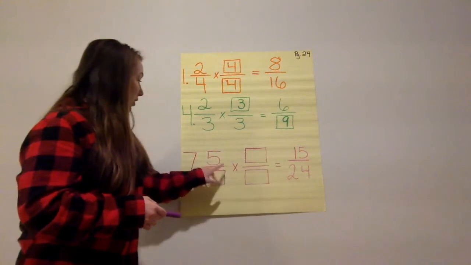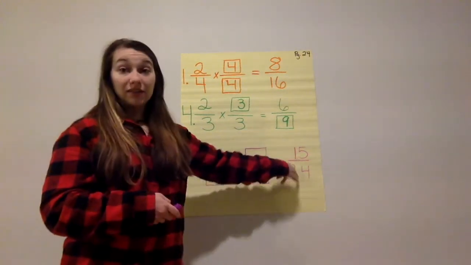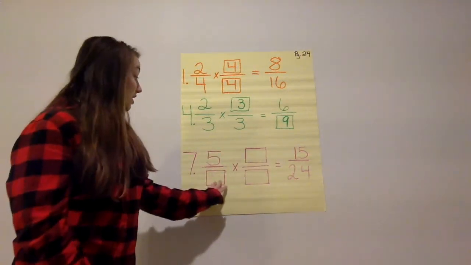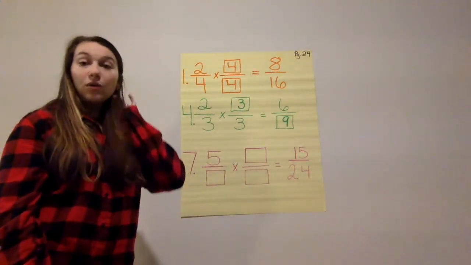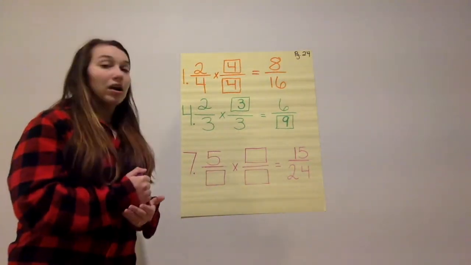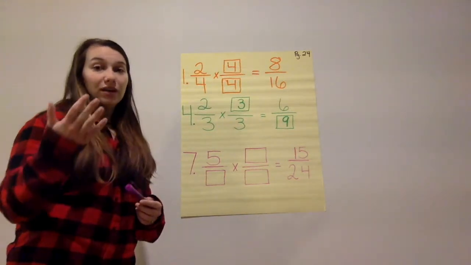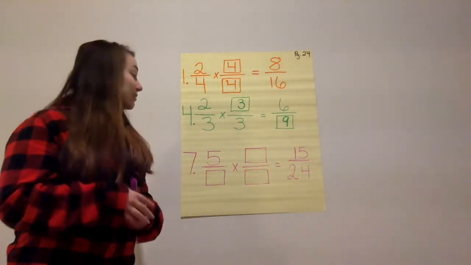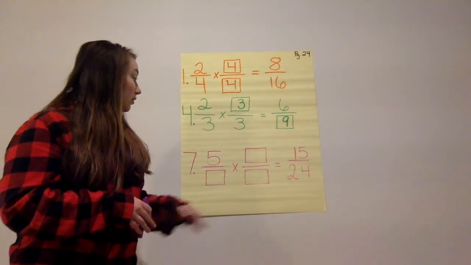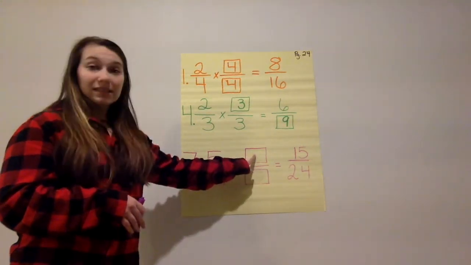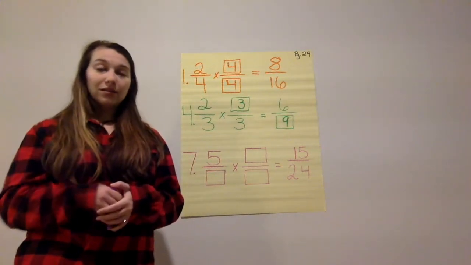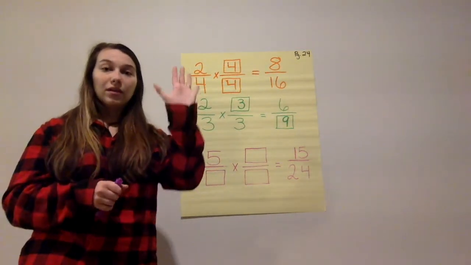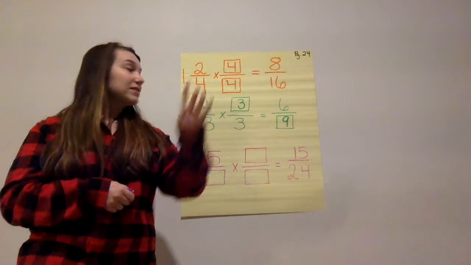So, we have the numerator, there's a 5 and there's a 15. In the denominator, we just have 24. So, in this case, I'm going to start off with my numerator. And I need to ask myself the question, 5 times what is going to give me 15? Okay? So let's count by 5s.